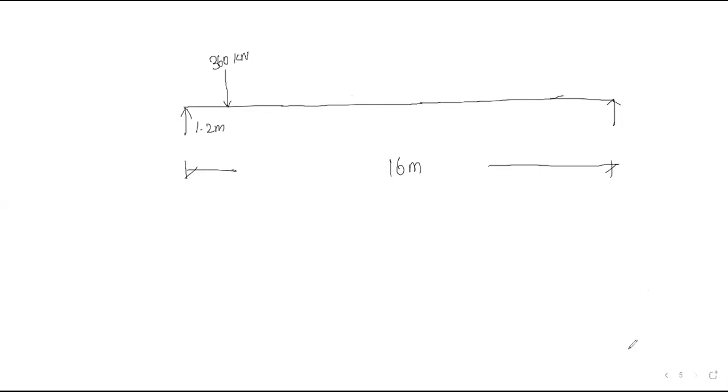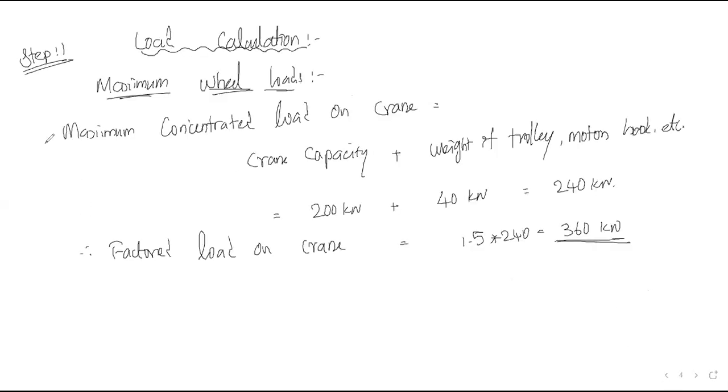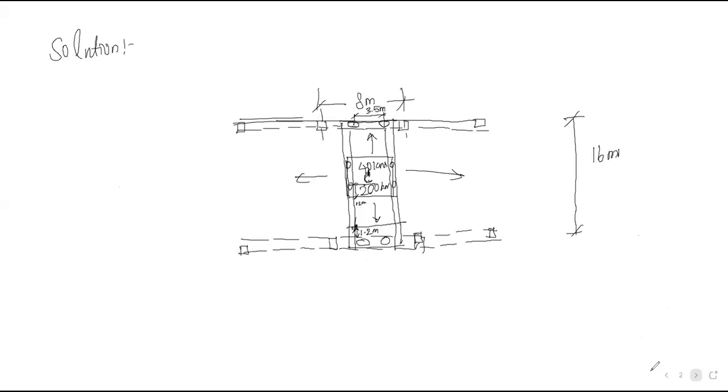So the self weight of the crane as UDL: they have given 200 kilonewton, that is the self weight of the crane girder excluding trolley.